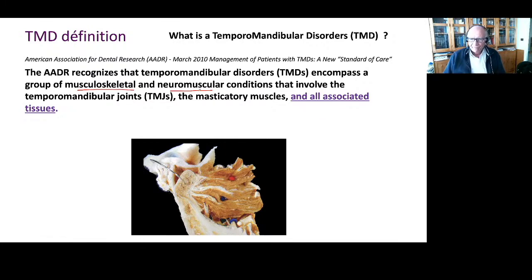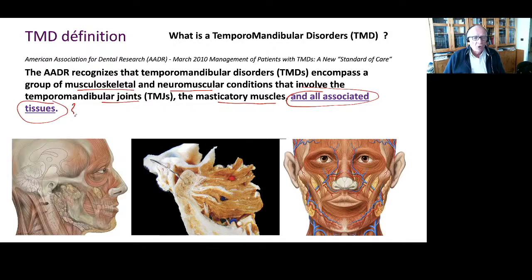Both that involve temporomandibular joints, okay, masticatory muscles, okay, and all associated tissues. What is this? What does he want to say? Is it a parotid problem, sinus, lymph node problems? What does associated tissue mean? It is a window for confusion, and big confusion.